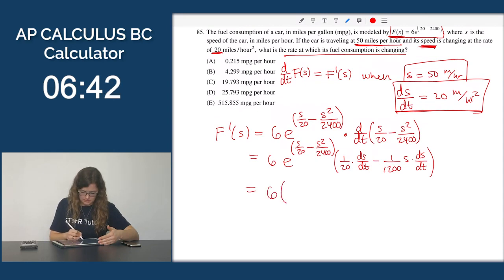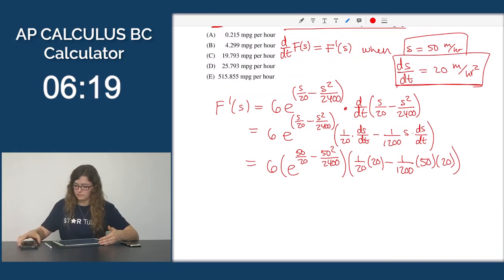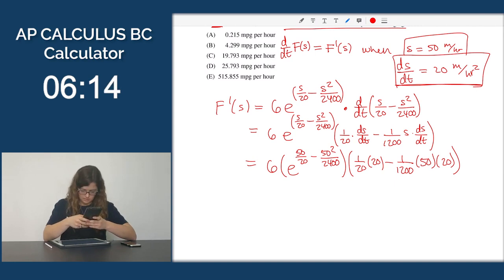So we have 6, then we have e raised to the 50 over 20 minus 50 squared over 2,400 times 1 over 20 times 20 minus 1 over 1,200 times 50 times 20. Okay, thank goodness we have a calculator. We can plug everything in there. Also, we've got just over 6 minutes, so 6 times e to the 50 over 20 is 5 over 2 minus 50 squared divided by 2,400.